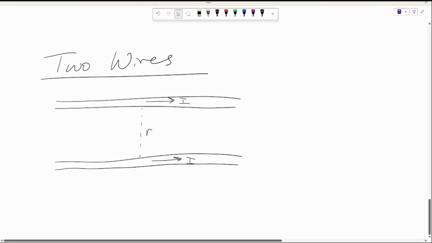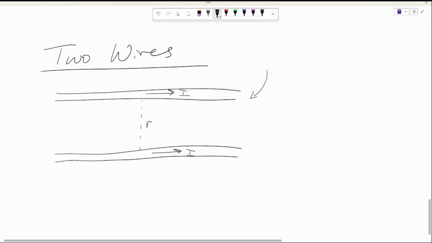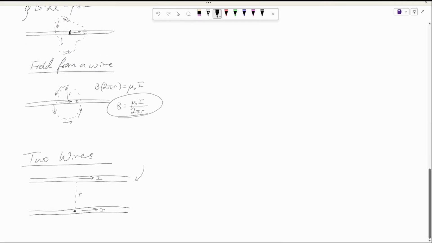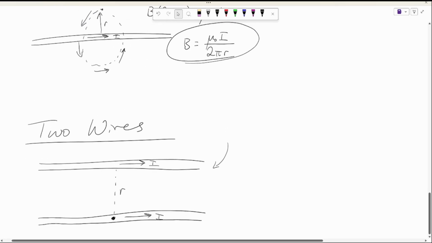What force and in what direction will each wire experience? We just need to pick a wire, let's say the top one for now, and figure out the strength of its B field at this distance r, at the other wire. To do that, we use this formula: B is equal to mu naught I over 2 pi r.